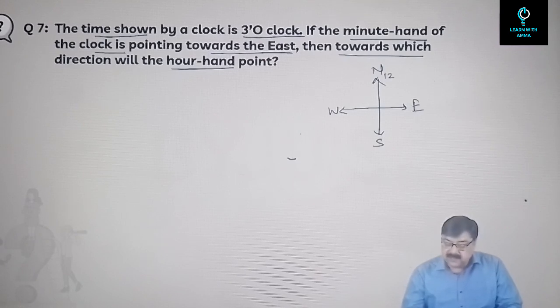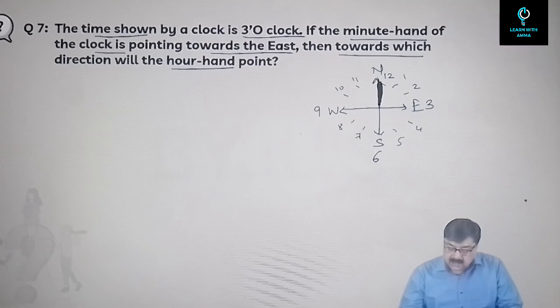This is 12, this is 3, this is at 6 and this is at 9, with 1 and 2 here, with 4 and 5 here, with 7 and 8 here and with 10 and 11 here. So how do you see 3 o'clock? Well, this is how we actually see 3 o'clock in a clock. This is the minute hand and this is the hour hand, the smaller one.